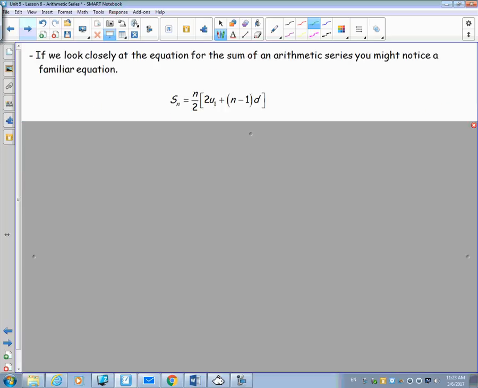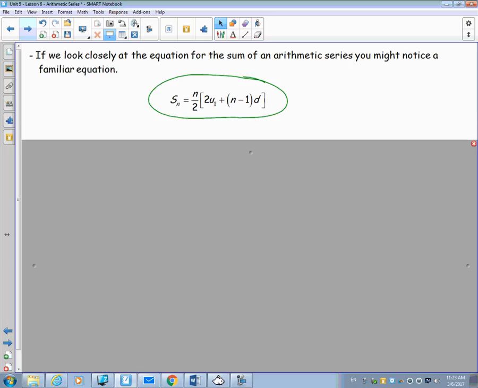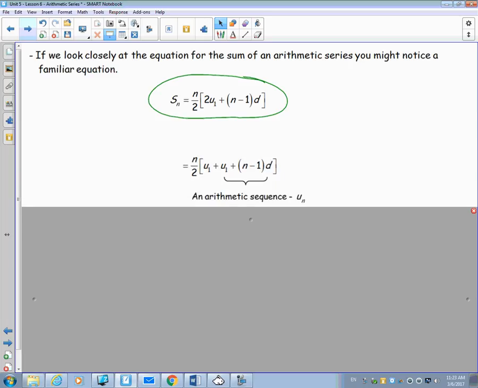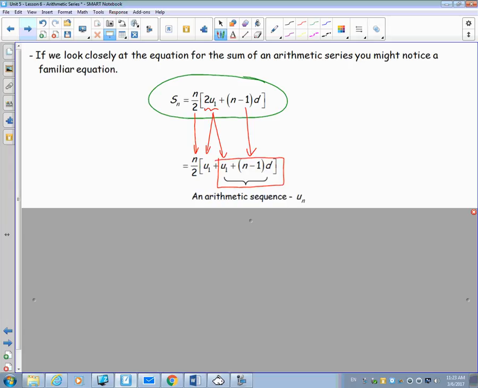Now, there's a bit of a shortcut. If you actually look closely at that equation we just dealt with, our S equation, you might notice that there's something kind of familiar in here. We've seen some of those same letters before. In fact, if I had to rewrite this equation, keeping my first part the same, but taking this 2u1 and splitting it into 2 separate u1s, and keeping that the same, I hope you would recognize that this piece is our arithmetic sequence, un in other words.